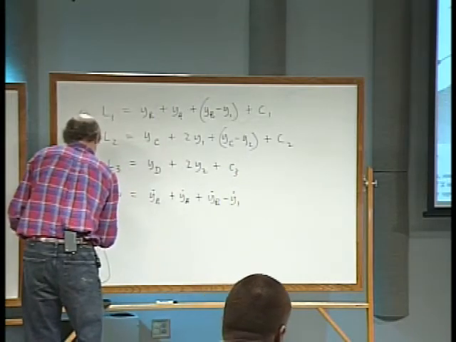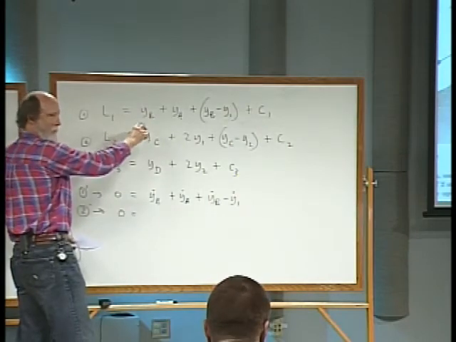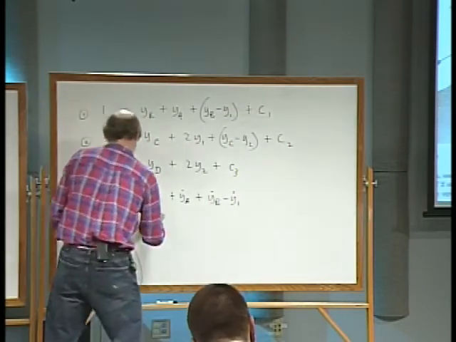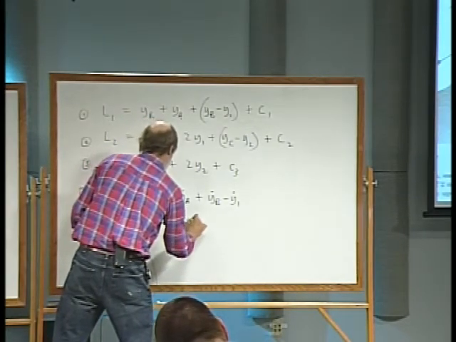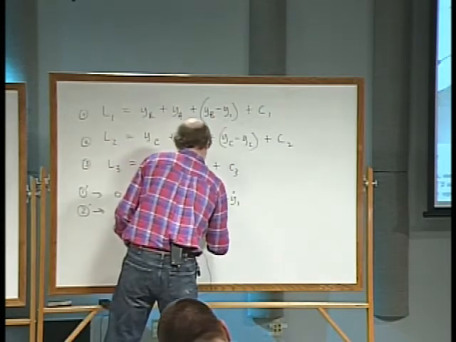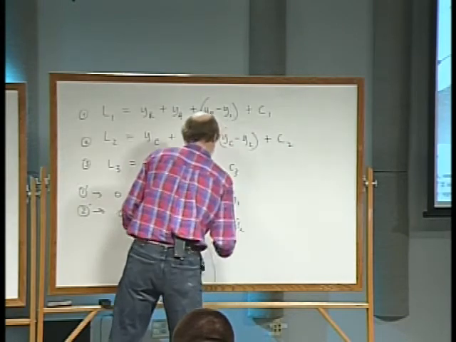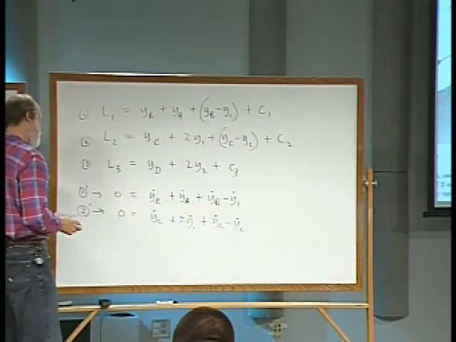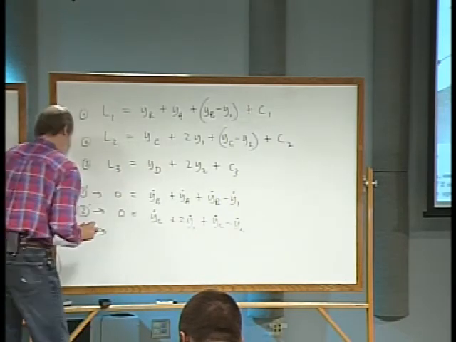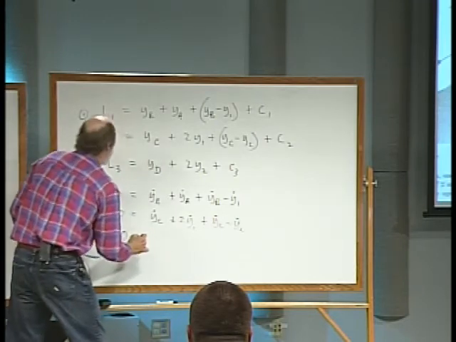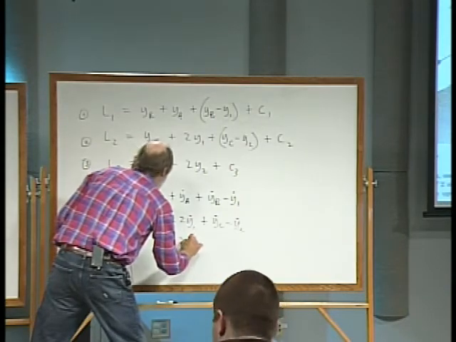Our second equation, these are pretty straightforward, but the hard part is right here, getting this stuff laid out. We crank that, and we're going to get y c dot plus 2y1 dot plus another y c dot minus a y2 dot, and then finally a third equation on the derivative. 0 is equal to y d dot plus twice y2 dot.